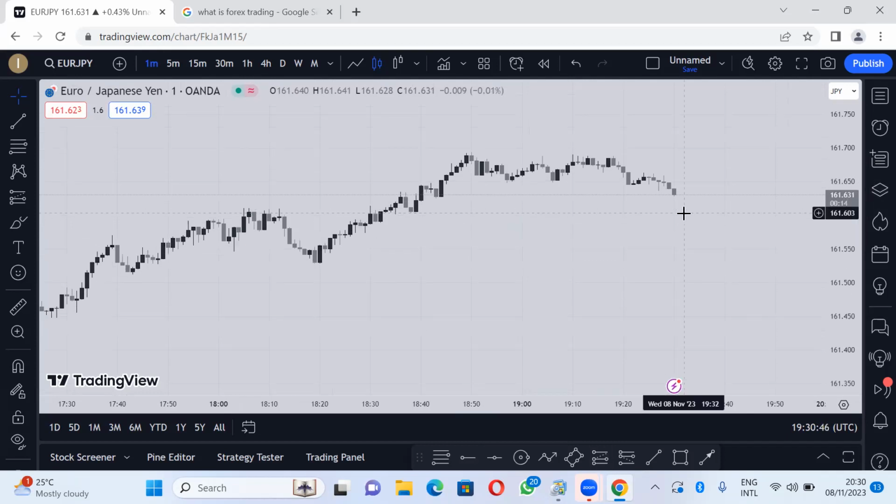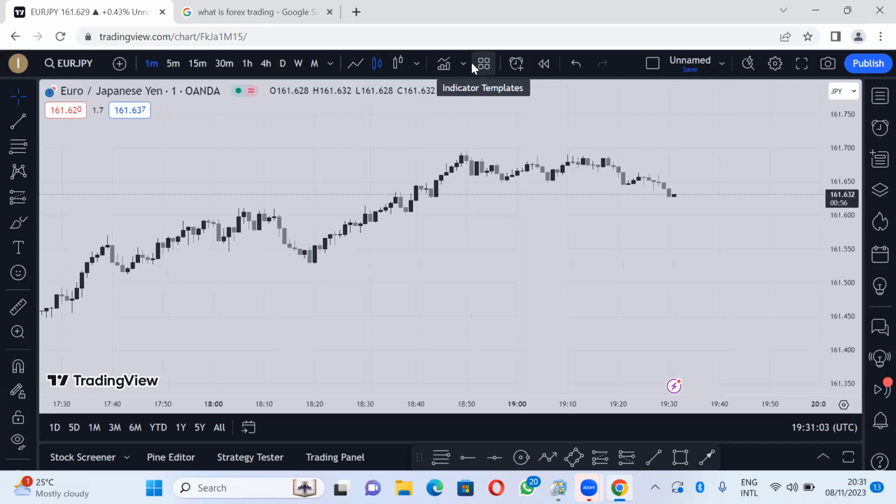Now, this thing you are seeing here is the euro against the Japanese yen. We trade all the currencies you can think of in this world in the forex market. Every country's currency is traded here, but on the platforms we use, they are abbreviated. I will bring out the abbreviations and send them to the group so you can understand.